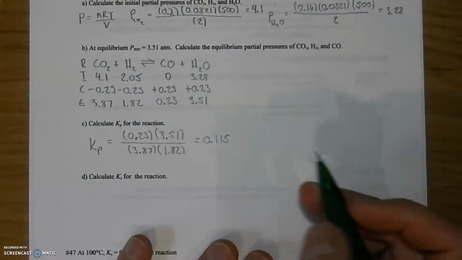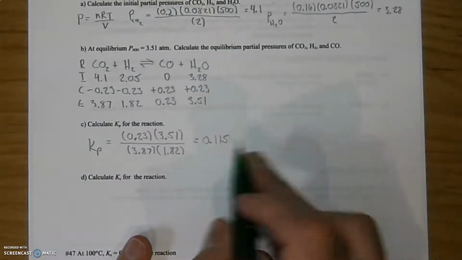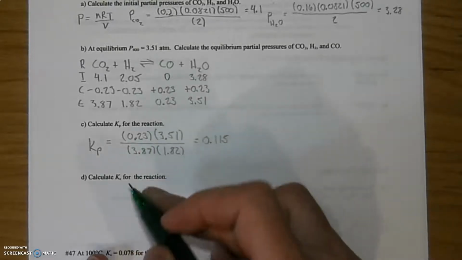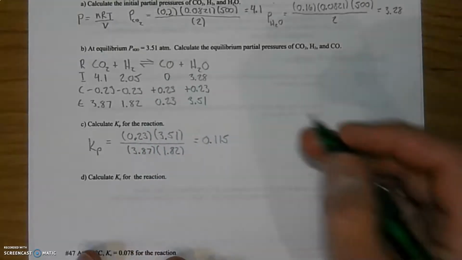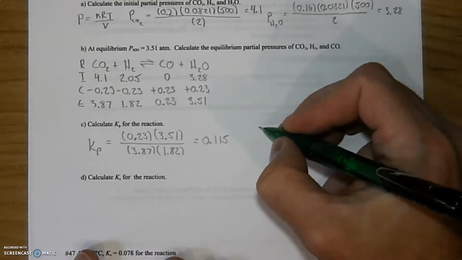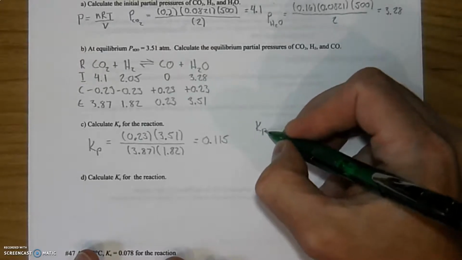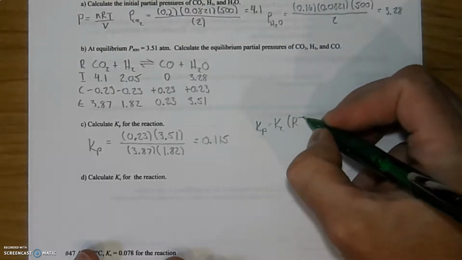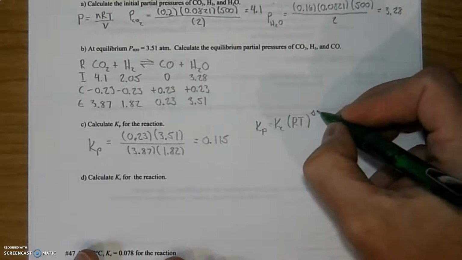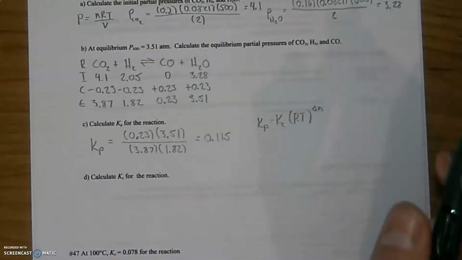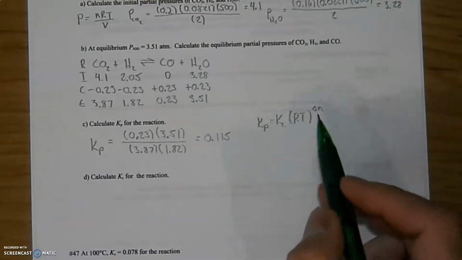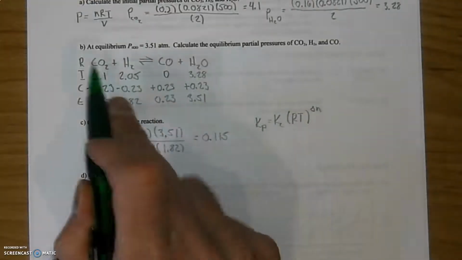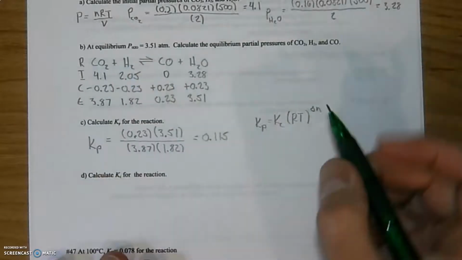If I wanted a Kc, I could go ahead and do the conversion process over to that. It didn't specifically ask for that, but it does do it here in this problem. So if I take a look, the equation is Kp equals Kc (RT) to the delta n, and I can plug in all these numbers, but if I'm clever, if I take a look at this little factor up here, 1 and 1 minus 1 and 1 makes 0.